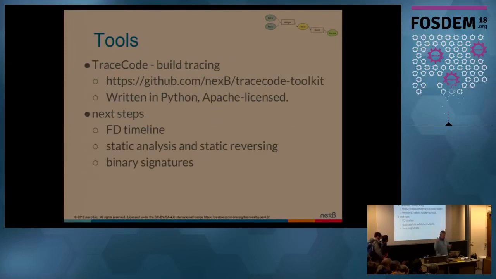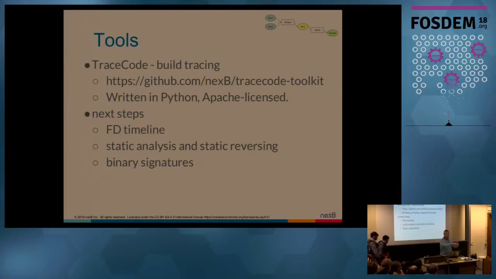So the tool is on GitHub. It's written in Python, Apache license, and as I said, next steps are a few things: file descriptor timeline, and a separate tool that would work on static analysis and static reversing. So same approach using symbols and debug symbols, which is both more complicated and simpler.